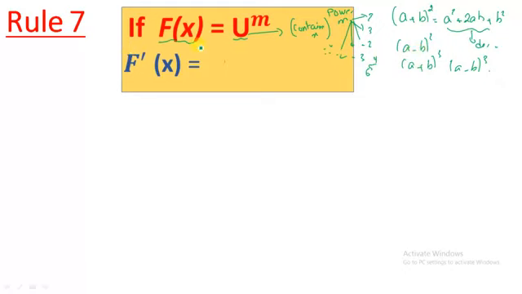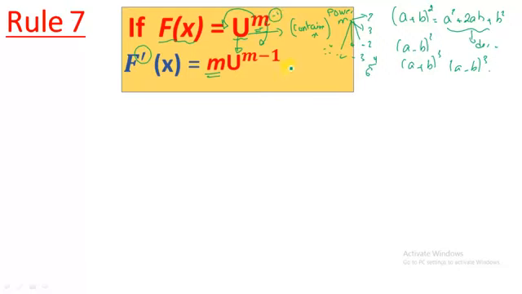So in the case of f of x equals any function raised to a power m, any power, then f prime of x will be equal to, let's see. First, we will put the power, okay? Then we will multiply it by the function u raised to power m minus 1, meaning reduce the power by 1.